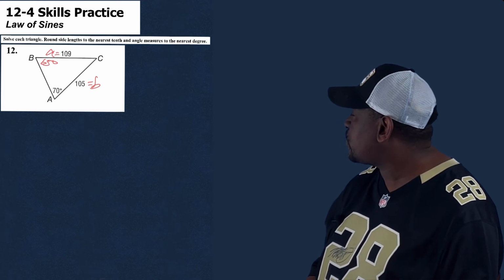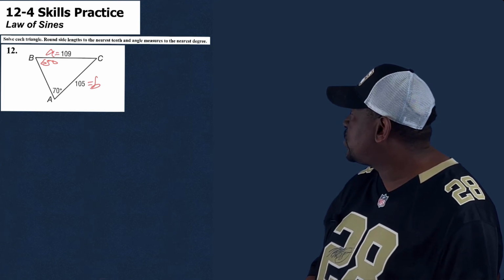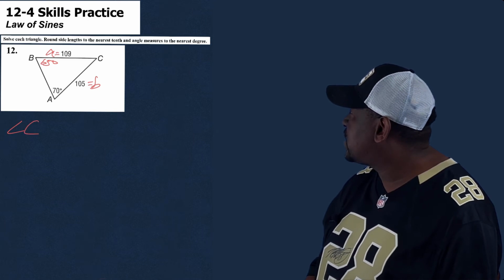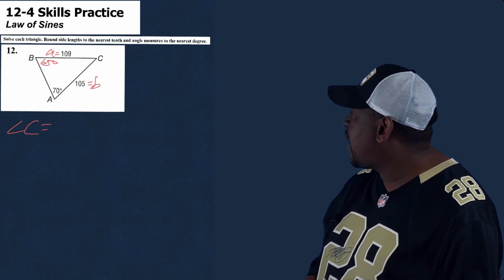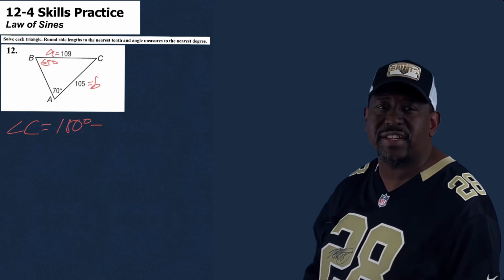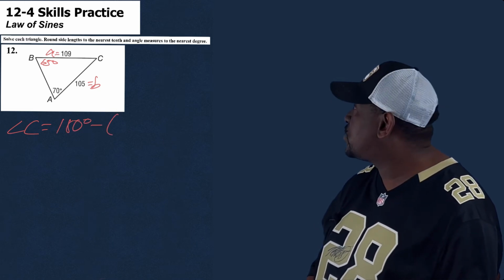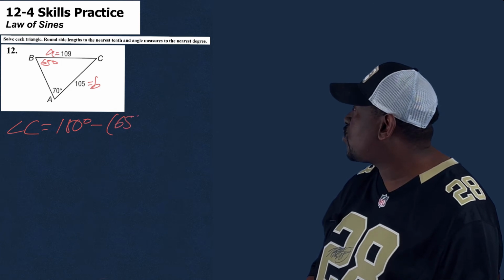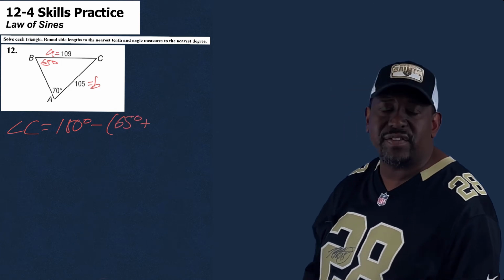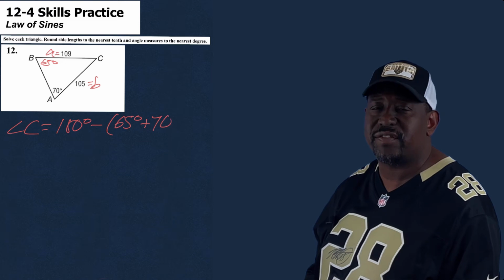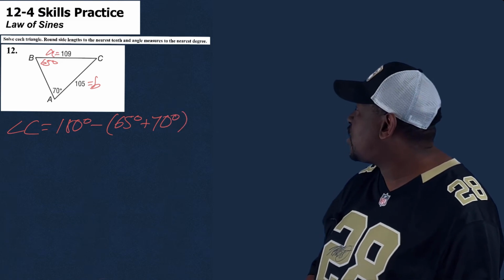So let's see what we do next. So we look for angle C. That should pop up here in a second. And as I said, let's see if the NOLA MATHMAN thinks like me. We'll take 180 degrees and we will subtract the sum of 65 degrees plus 70 degrees, as I thought.